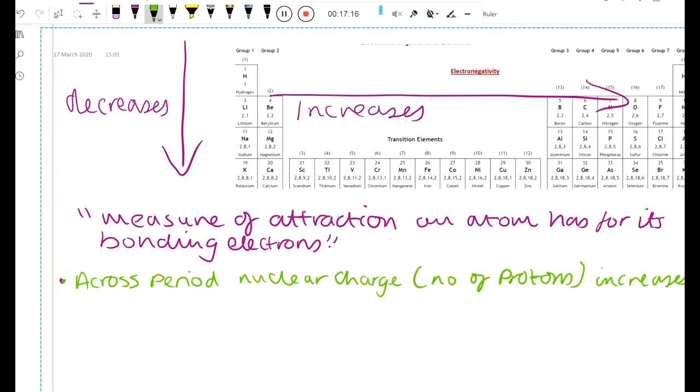Okay, and this means that the atom is better at attracting other electrons.